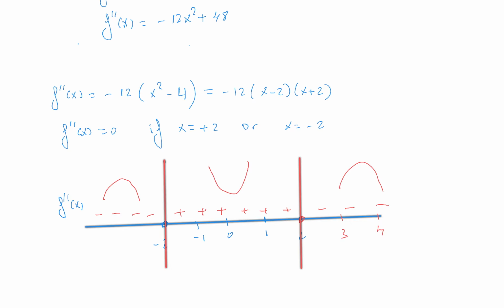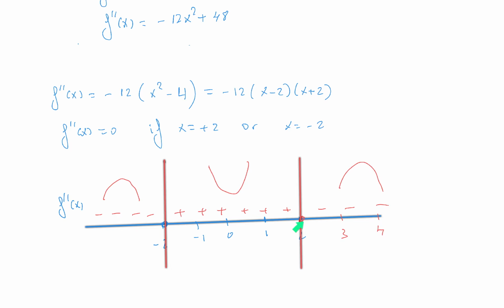If you plug in a number between minus 2 and 2, like 0, 0 plus 2 is 2 and 0 minus 2 is negative, and with the minus sign in front this becomes positive. So the second derivative is positive, meaning that the function between minus 2 and 2 is concave upward, and the same happens in the interval 2, infinity.